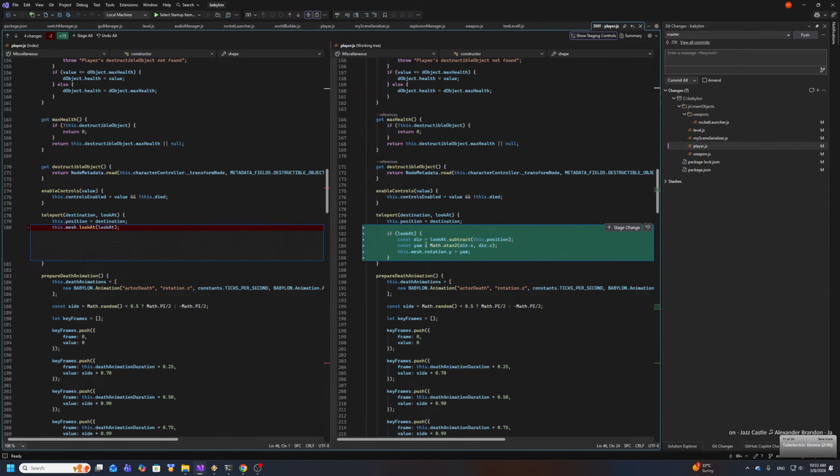Well, the first function that is affected is teleport. Instead of rotating the whole mesh to make it look at the target, I rotate it only around the y-axis, so it still looks toward targets, but it doesn't rotate vertically, you know? I mean, it's not bending it anymore.